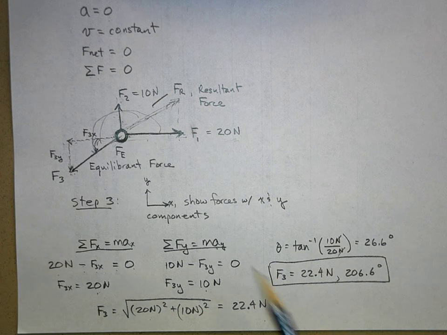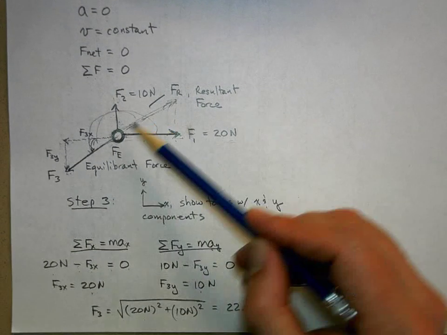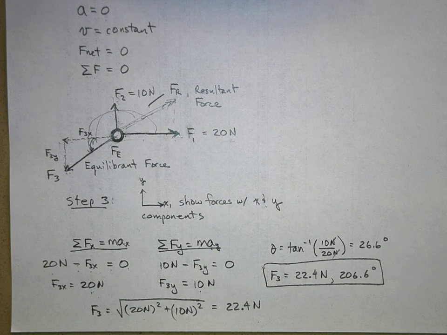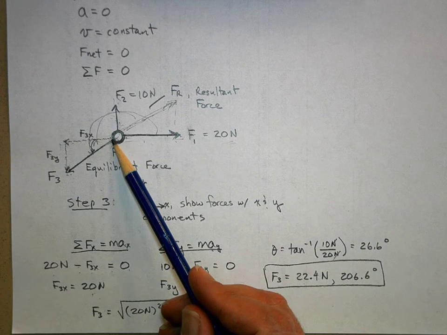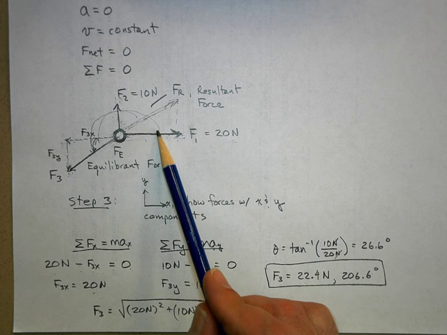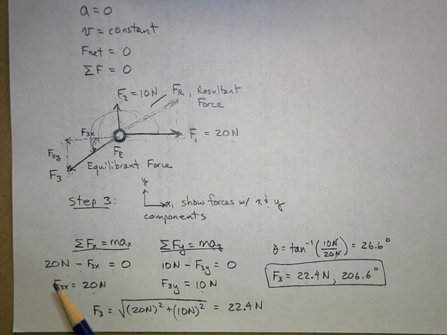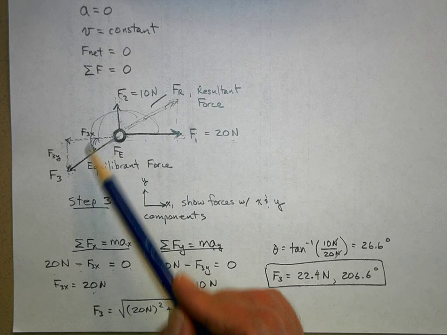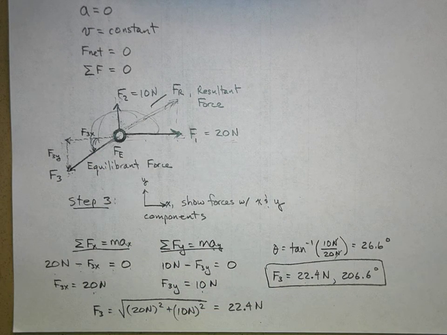If this is 20 newtons and this is 10 newtons and you want to apply a force to keep it in equilibrium, that force will be 22.4 newtons in magnitude at an angle of 206 degrees from the positive x direction. Now, if you listed the answer as just being 26.6 degrees, as long as you show in the picture where that angle is measured from, I'd probably give it to you. Okay?